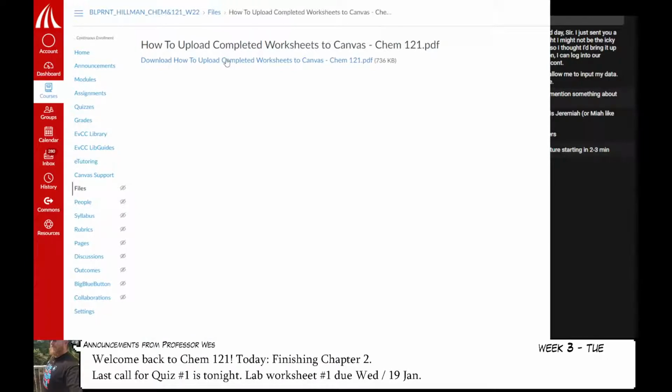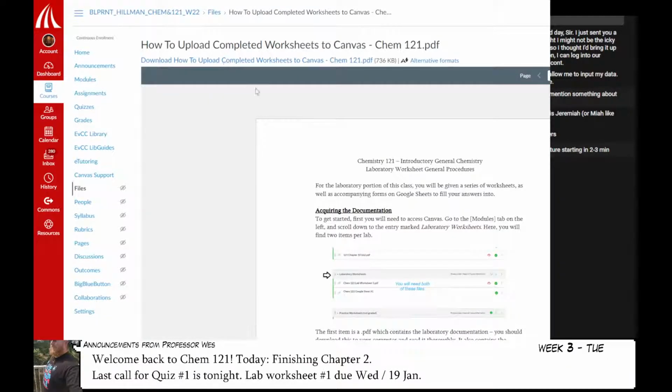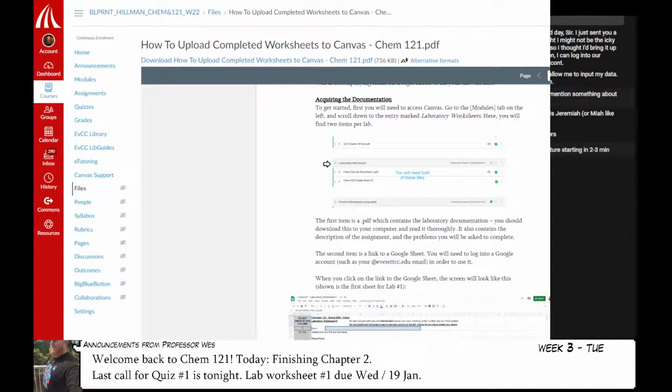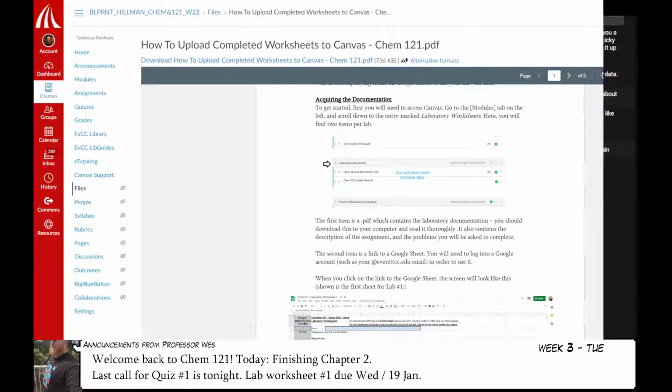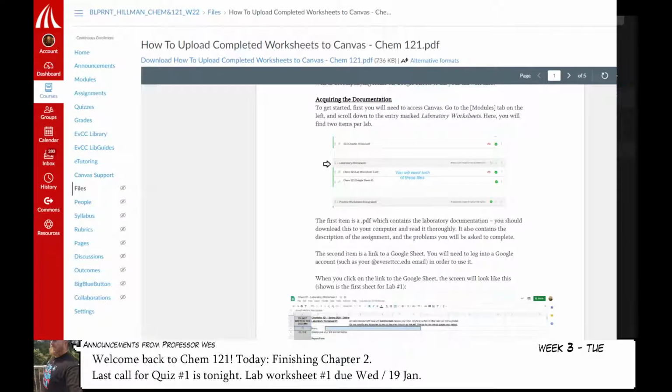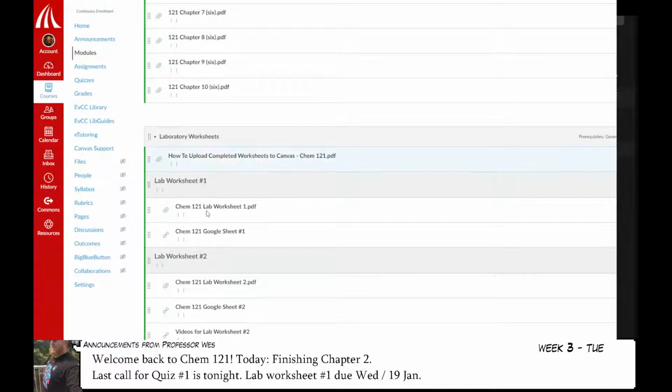And this document will tell you everything you need to know, not just about uploading stuff, but downloading it. I realize that I probably need to rename that document so that it is a little bit more transparent on what it contains. But it tells you, first thing you need to do, download both the files. So that would be these two files here for lab number 1.